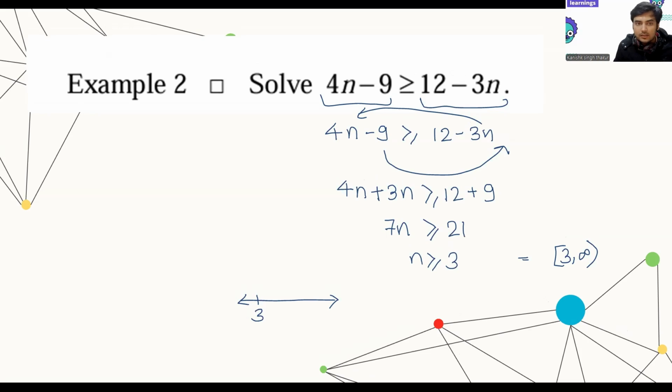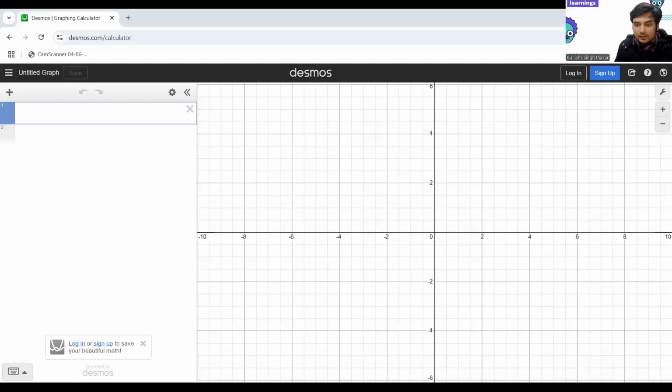Now, let's do it on Desmos. Normally when you are doing it on Desmos, try to do everything with x only, because normally Desmos does not take other variables, right?